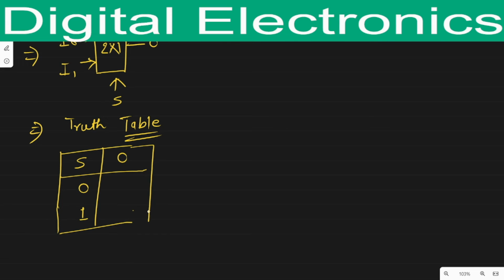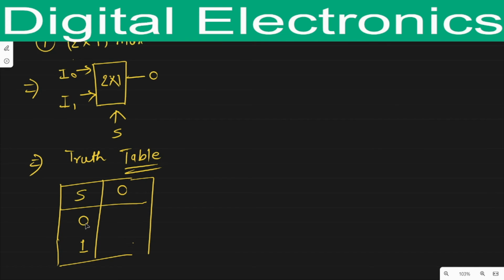So when S equals 0, at that time I naught will be transmitted to the output side. So we will get output as I naught.